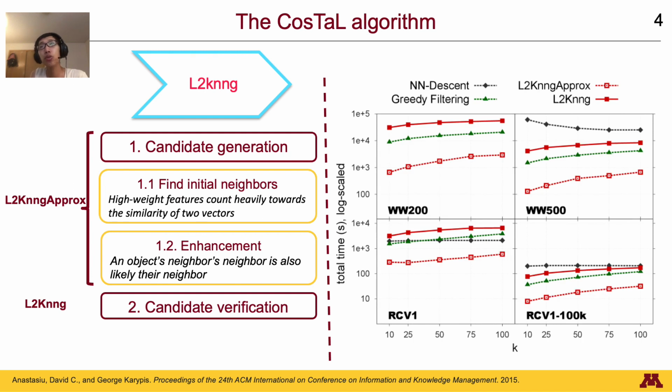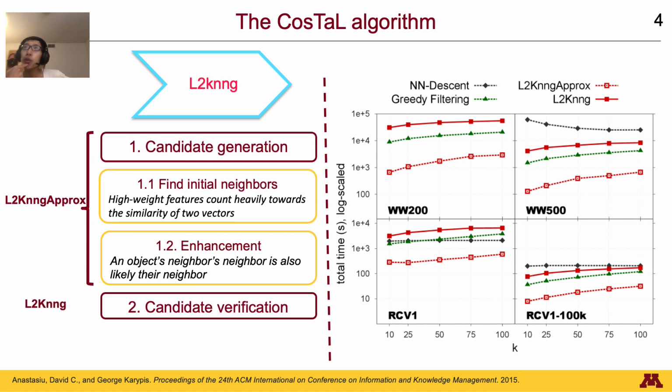And in order to see how it performs, we compare L2KNG approximate with the other two approximate KNN graph algorithms, NN descent and greedy filtering, on four datasets using parameter k from 10 to 100.